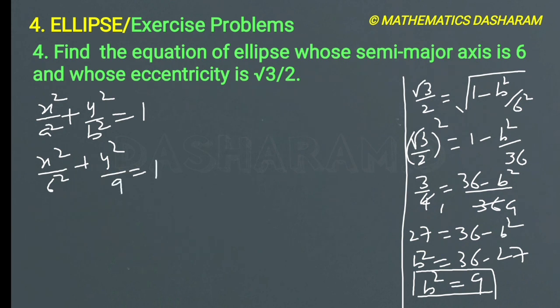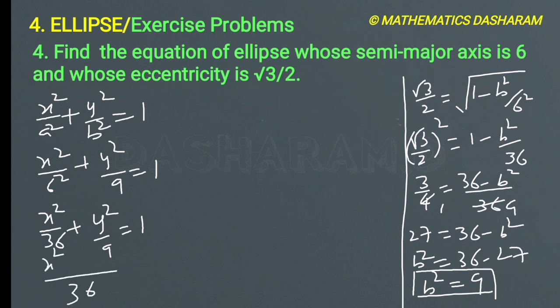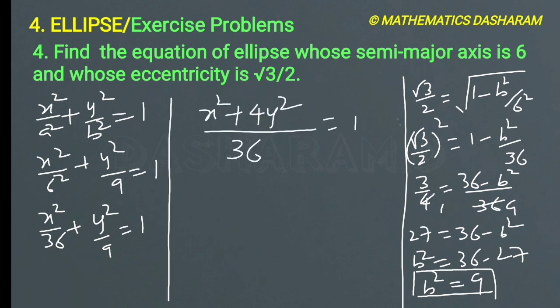So then our required answer is x square divided by 36 plus y square divided by 9 equals 1. So here we can find out the LCM. 36 is the LCM, then x square, 9 in 36, 4 times, so 4y square, then 36 transpose to RHS side. So then our required answer is x square plus 4y square equals 1 into 36, that is 36.